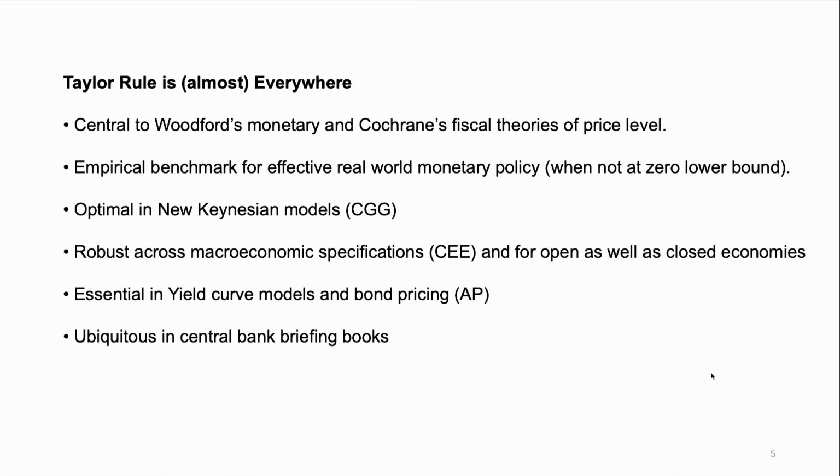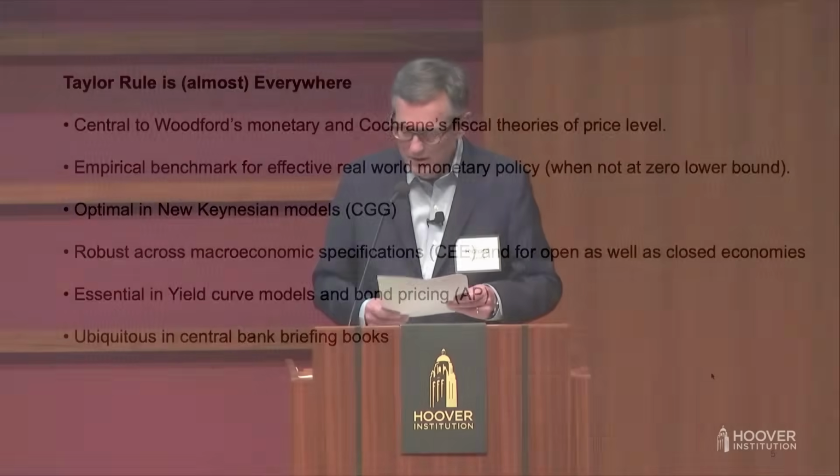And as I'm sure Monika will highlight, Taylor rules feature prominently in empirical macro-finance models of yield curve and bond pricing. Finally, Taylor or Taylor-type rules are everywhere in the briefing books that staff prepare to present economic forecasts and discuss policy options with policymakers.